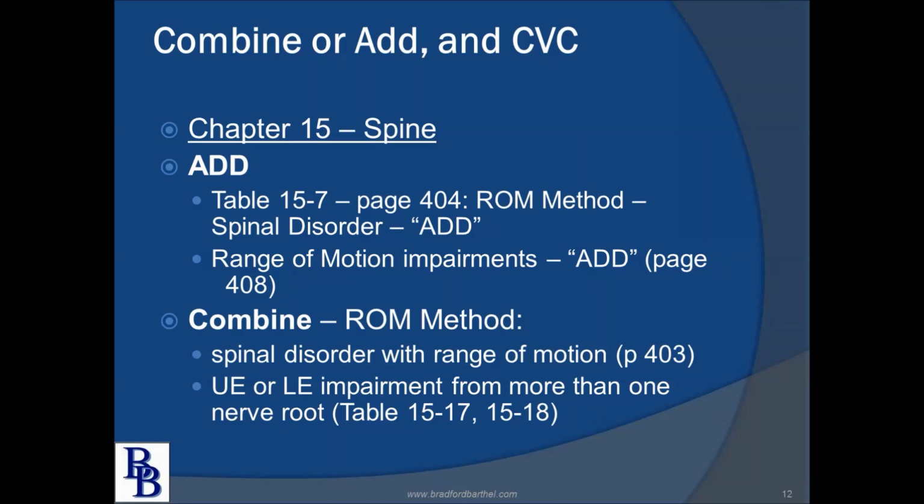Those 2 elements, spinal disorder and range of motion, would be combined, and they get rated as one rating string. For upper extremity or lower extremity impairment for more than one nerve root, again, if we're doing range of motion method, that's potentially the 3rd element, nerve root deficit. If there's more than one nerve root, we would combine those as well.